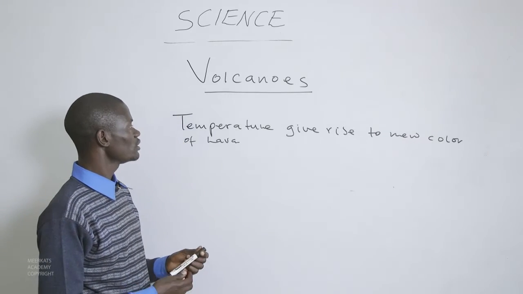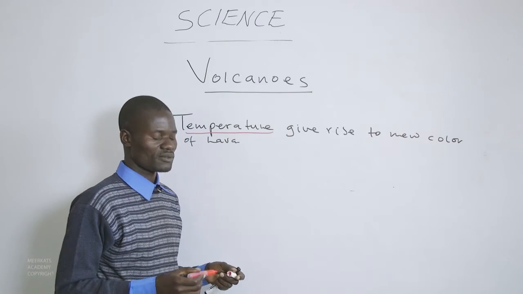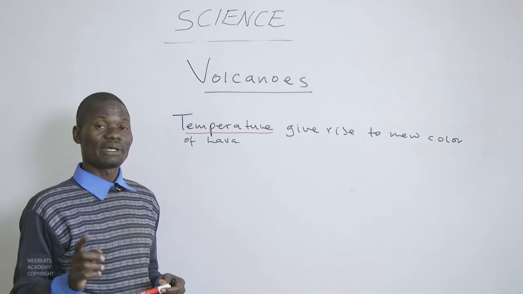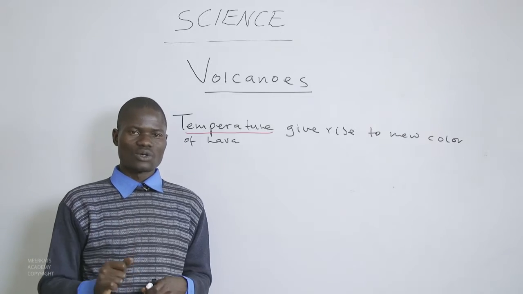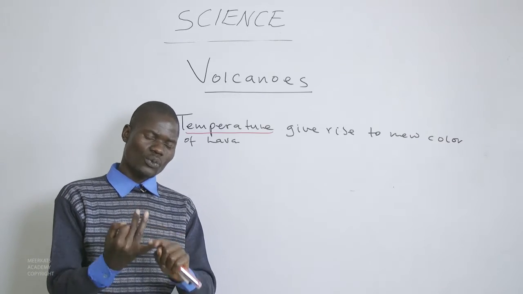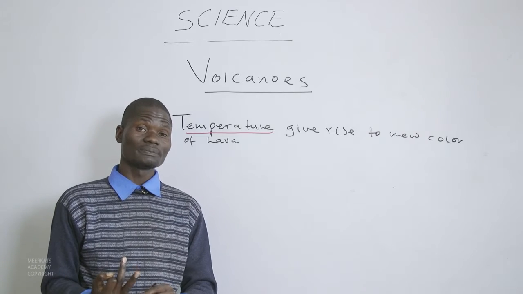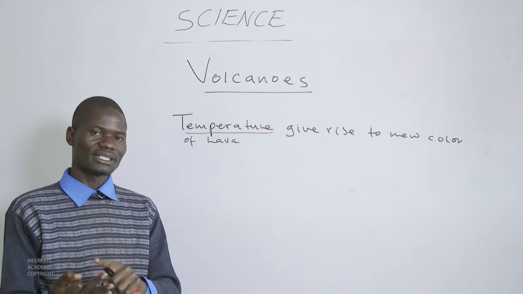Why? Because of the temperature in the interior of the earth. Remember when we were looking at the structure of the earth, we mentioned the three layers: the crust, the mantle, and the core.